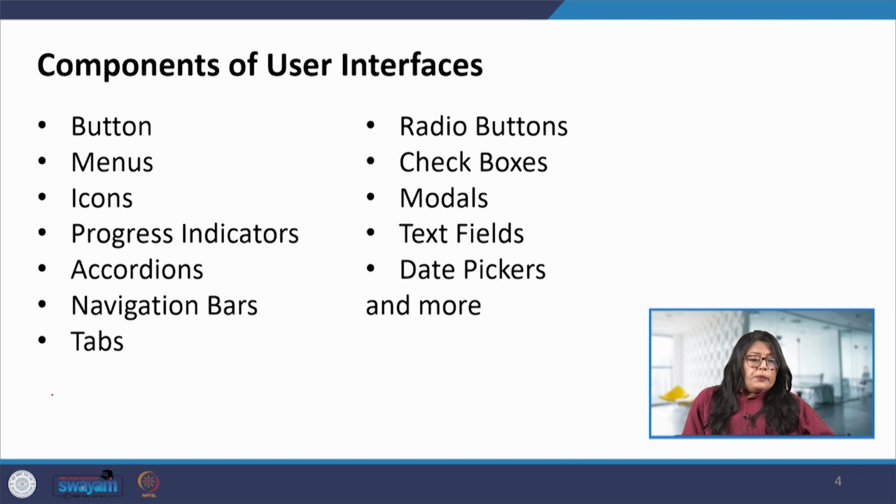So, the importance of the UI components, like we can see here several of them listed, button, menu, icons and all, lies in their ability to provide clear and intuitive input.